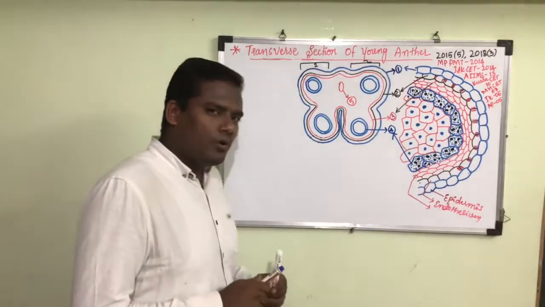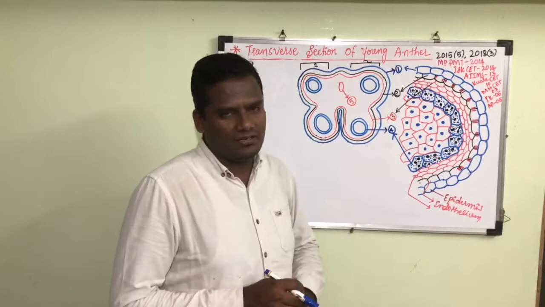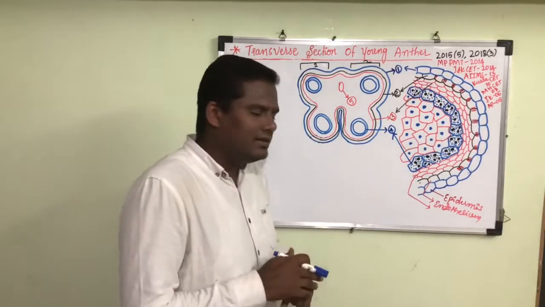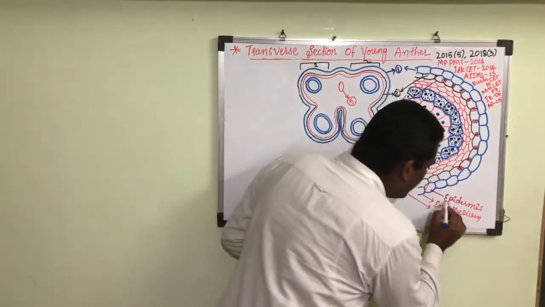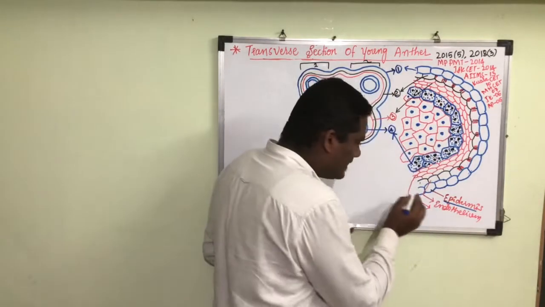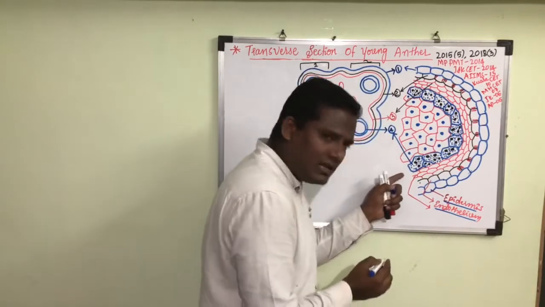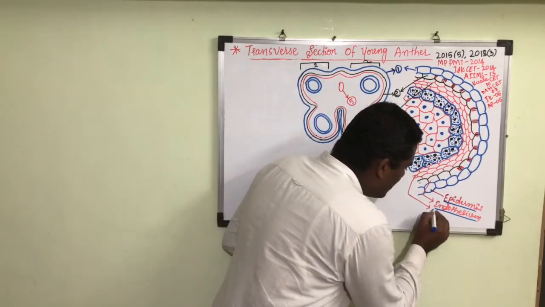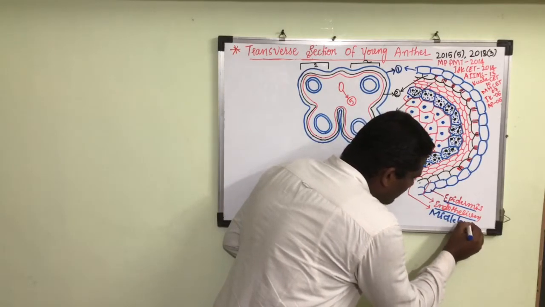In the previous video, we talked about the transfer section of the young anther. There we have studied the four antheridial walls. The outermost wall is the epidermis, the second outermost wall is the endothecium, and the third layer is the middle layer.